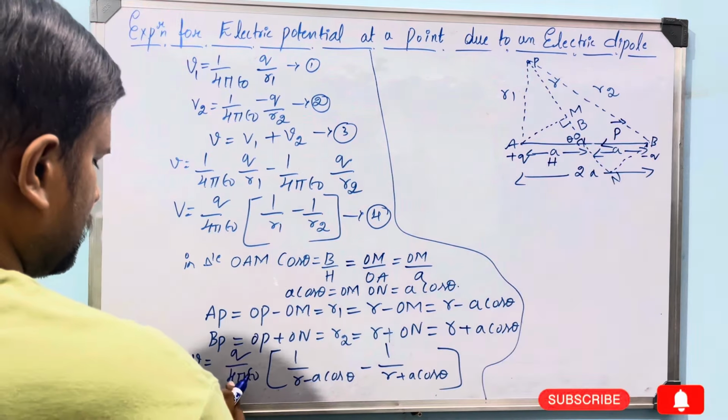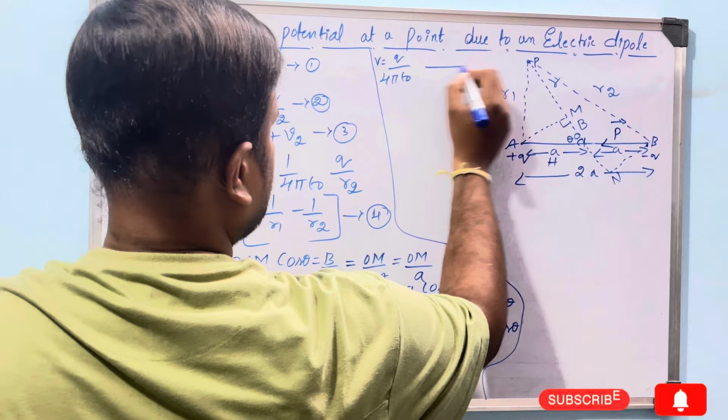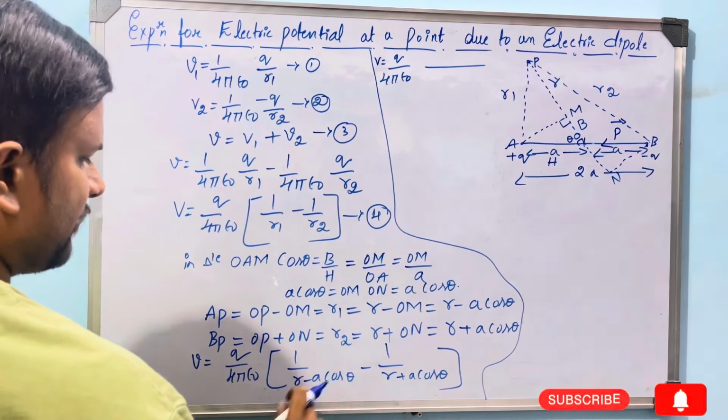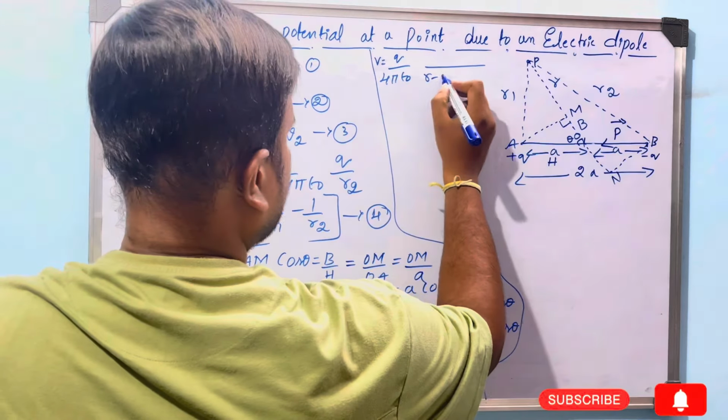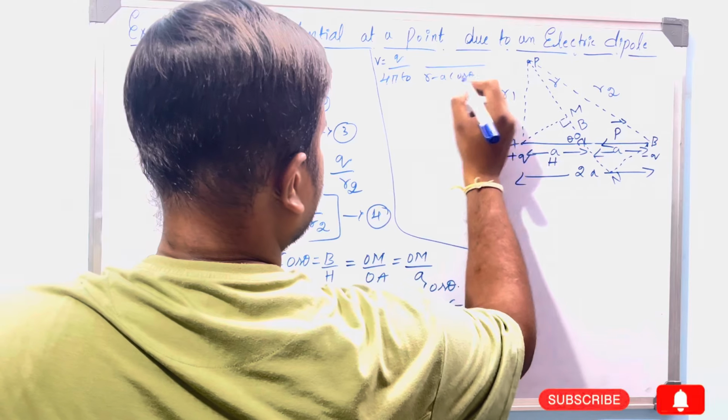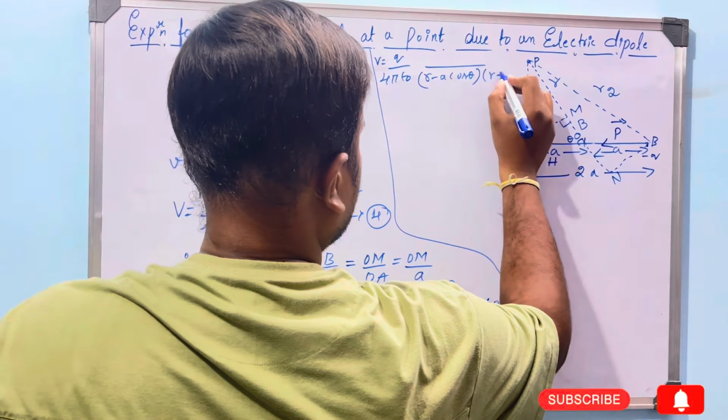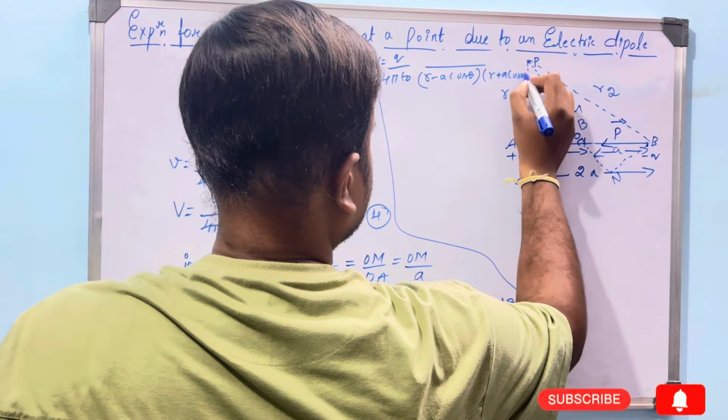So take out the LCM and cross multiply. What is the LCM? R minus A cos theta into R plus A cos theta.